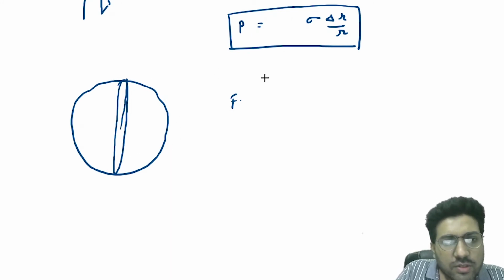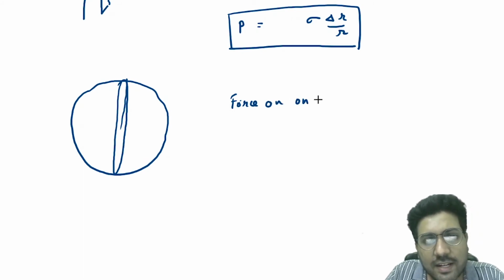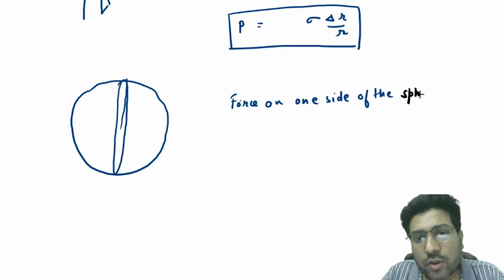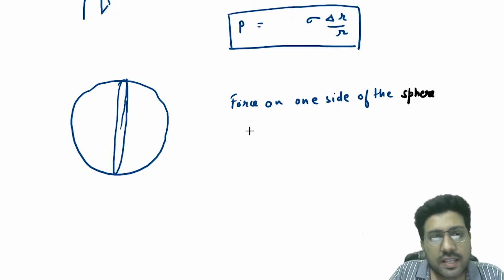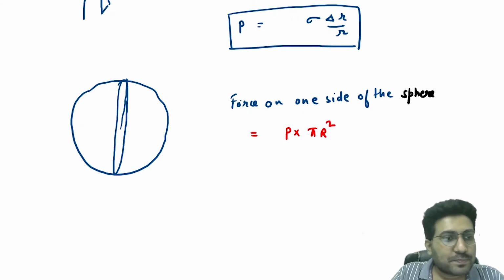So the force on one side of the cylinder due to pressure, this time it's not cylinder, I'm so sorry, this is the sphere. So force on one side of the sphere is equal to pressure multiplied by the projected area, and this time the projected area is pi r square.